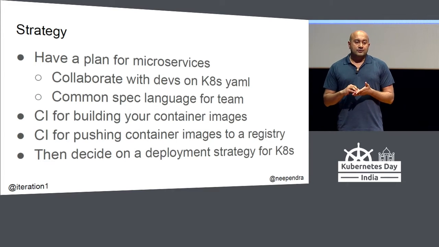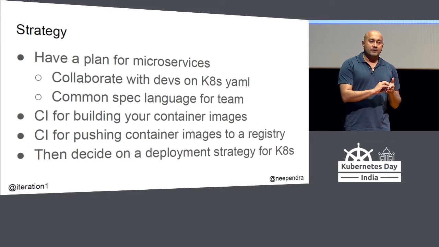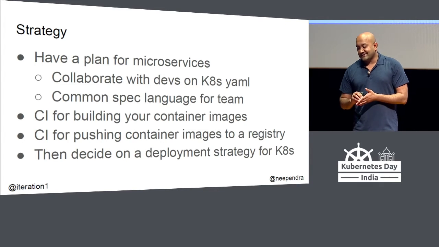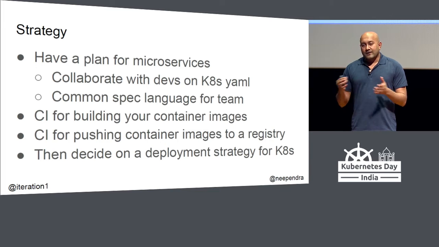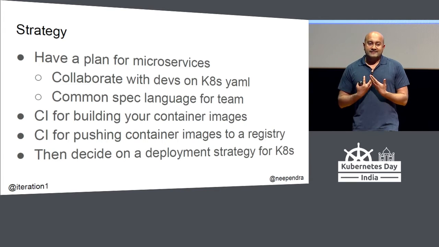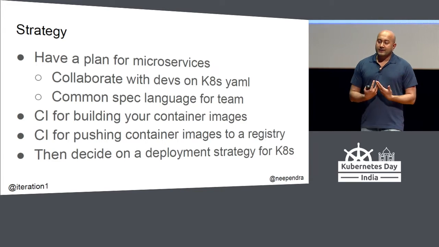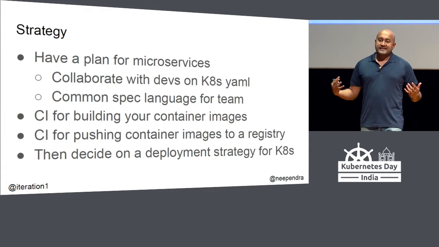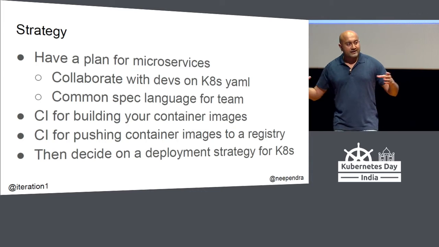So with Kubernetes, you probably want to deploy your applications as microservices. So have a plan for microservices, and one way that everybody collaborates is with the YAML. So collaborate around the YAML to define a specific language for your whole team, whether it's development, operations, whatever.